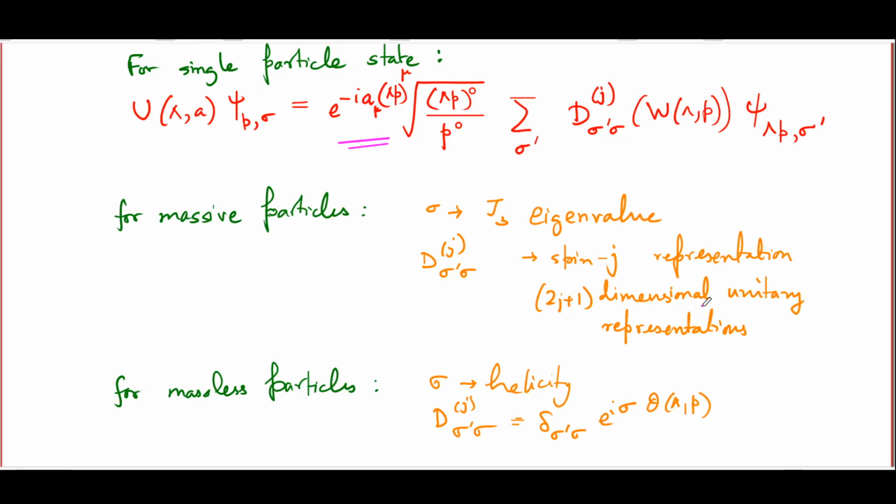Now remember, this Poincare transformation, or just the Lorentz transformation part of it, essentially describes the view of the same state from the point of view of different observers. These are passive transformations. The observers change, not the state. But the wave vector that you use to describe the physical state, of course, changes.